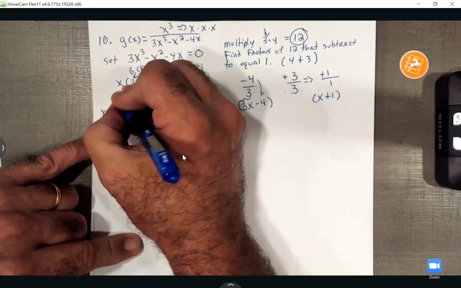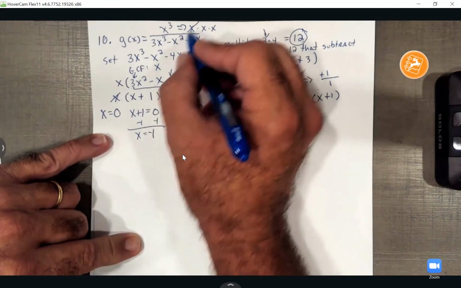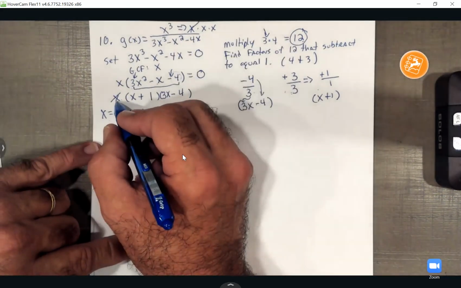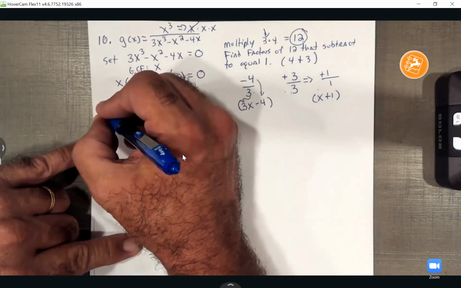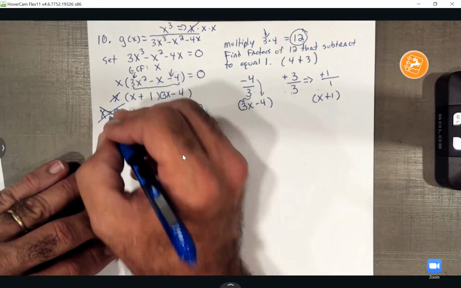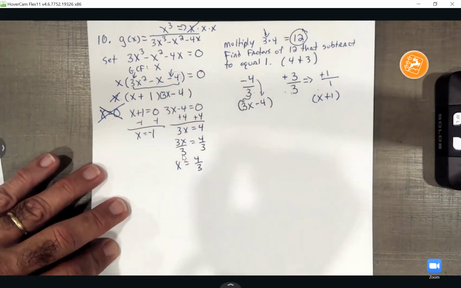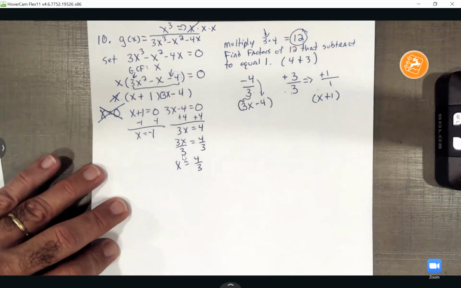This x out front will cancel with one of these x's. So since I was able to cancel out one of these factors, this asymptote right here is canceled out. What it'll do is make a hole in the graph. It won't do that vertical line. It'll just make a little hole in the graph and keep on going.